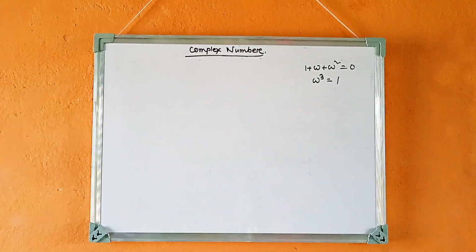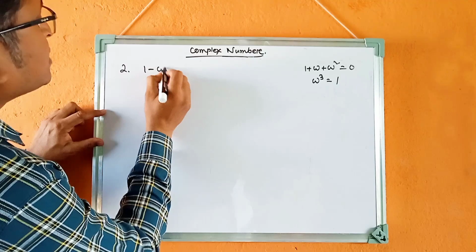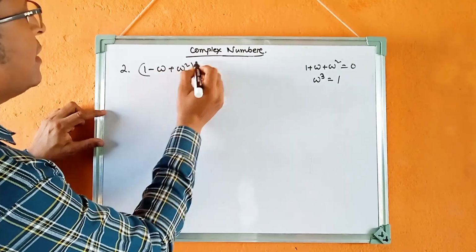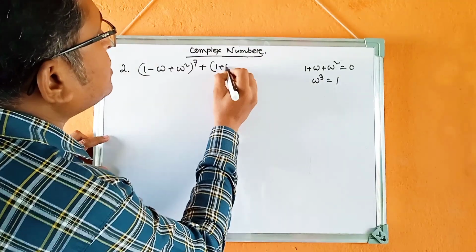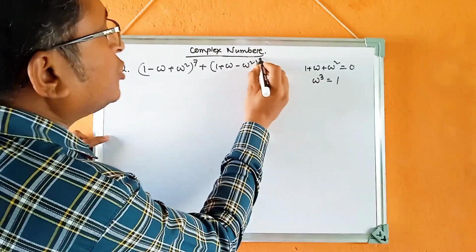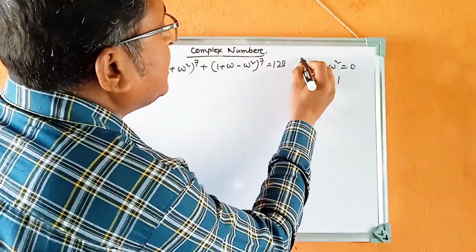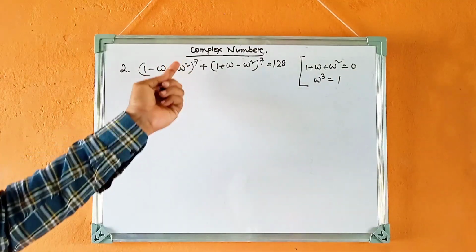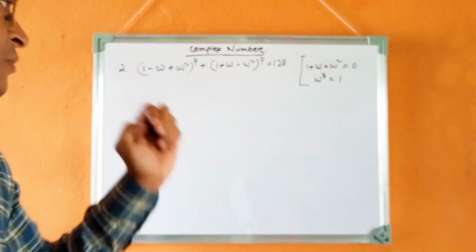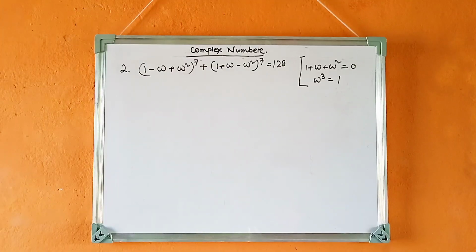Prove that 1 minus omega plus omega square whole to the power 7 plus 1 plus omega minus omega square whole to the power 7 is equal to 128.